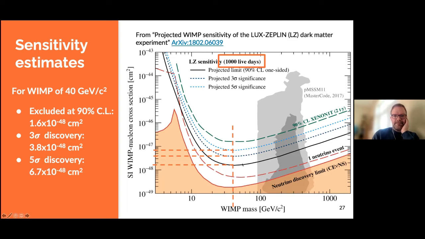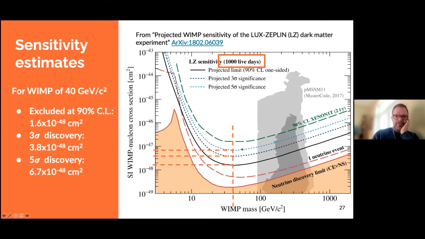The other thing this plot shows is that rather than just setting limits, which is much less exciting than having a discovery, there are the 3 and 5 sigma discovery reaches.